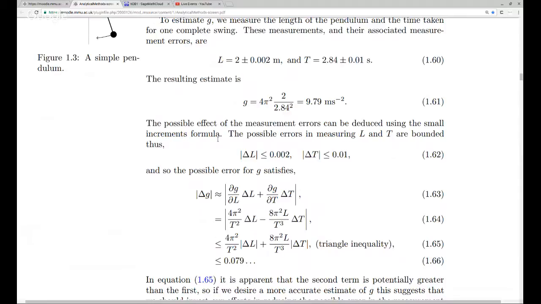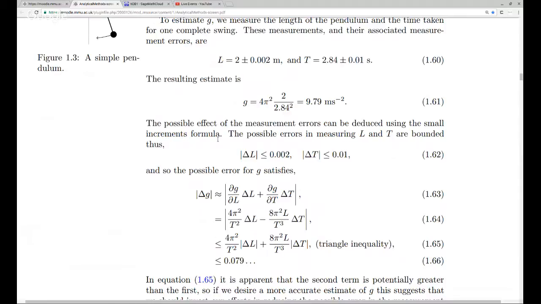So we apply it here, and we're saying that the error in G has absolute value no greater than this quantity over here: the partial derivative of G with respect to L, partial derivative of G with respect to T, multiplied by the associated bounds on the errors delta L and delta T. We don't know exactly what the error in L is, the error in T is, but we're confident in the specifications of our equipment that they're no greater than those bounds.